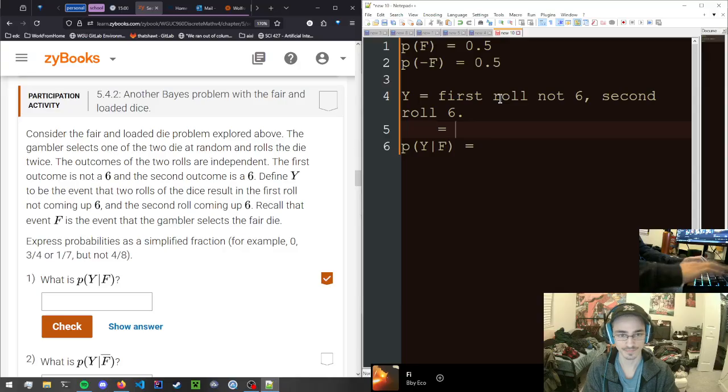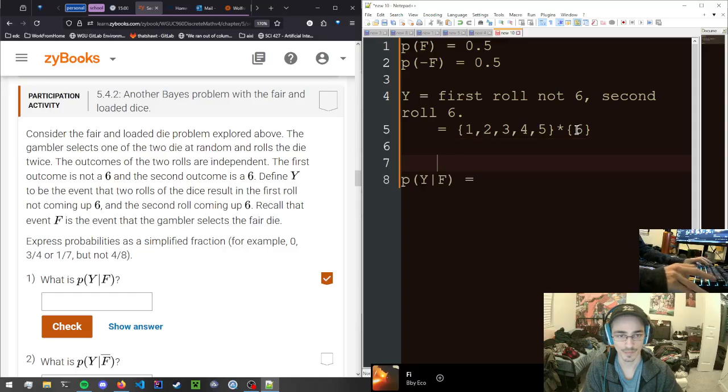Let's get that space. So the first roll not being a 6 is that. And the second roll being a 6 is that. So these are to build the outcomes.